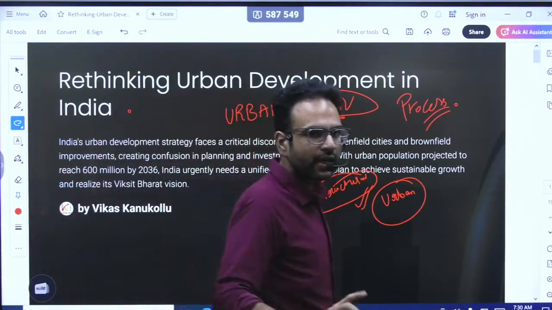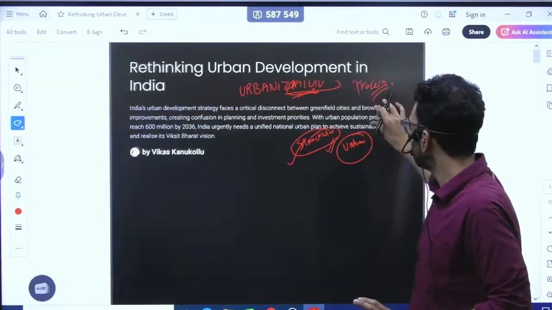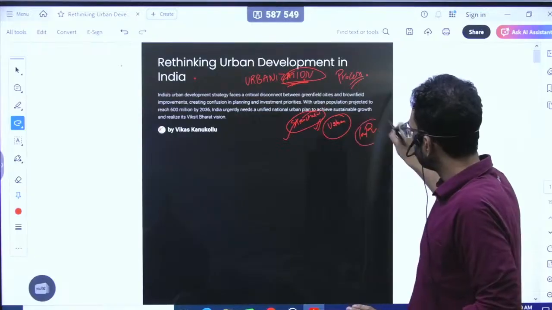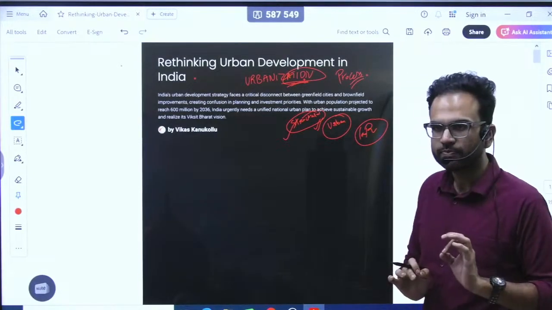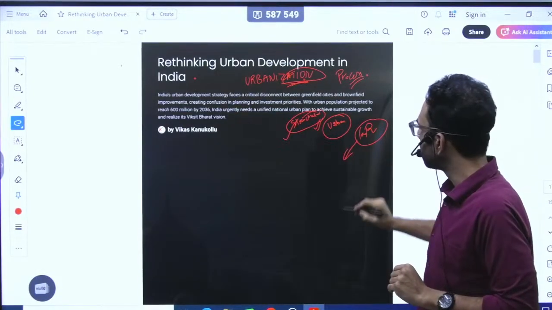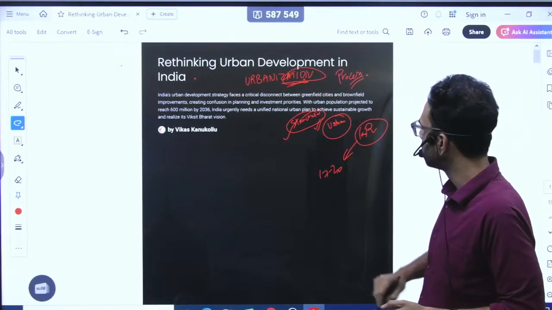Now, if you take a look at India's GDP, or if you don't know what GDP is, let's simply say, if you have 1 rupee or 100 rupees, how much of that is coming from which profession? That is the structure of that economy. How much of this 100 rupees is coming from agriculture? Somewhere around 17 to 20 rupees.